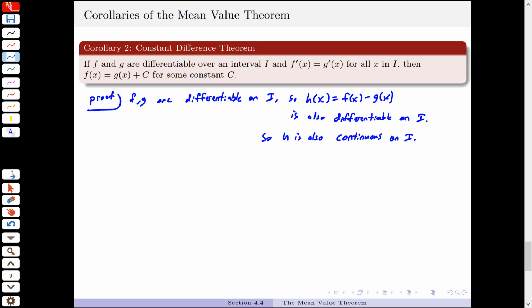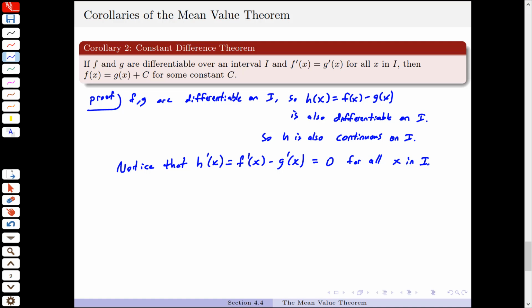And if h is continuous and differentiable, then we can apply the mean value theorem. So here's what we're going to do. Notice that h prime of x is f prime of x minus g prime of x. And I know that f prime of x and g prime of x are equal, so that's equal to 0 for all x in I.